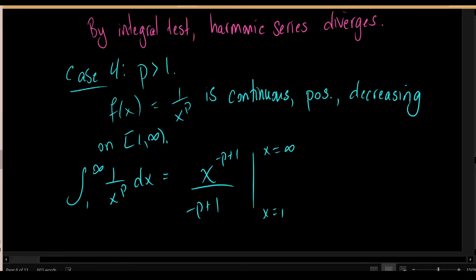But here is what's different compared to case number 2. In this case, our power is greater than 1, which means that the opposite of our power must be less than minus 1. So if I add 1 to that power, then the result must be a negative number.